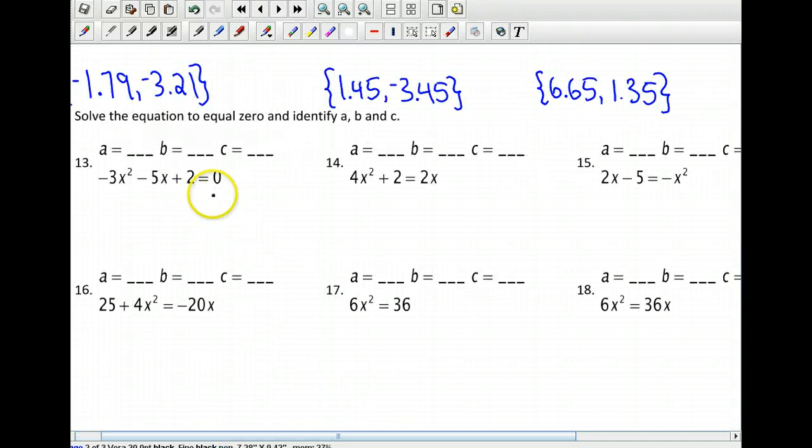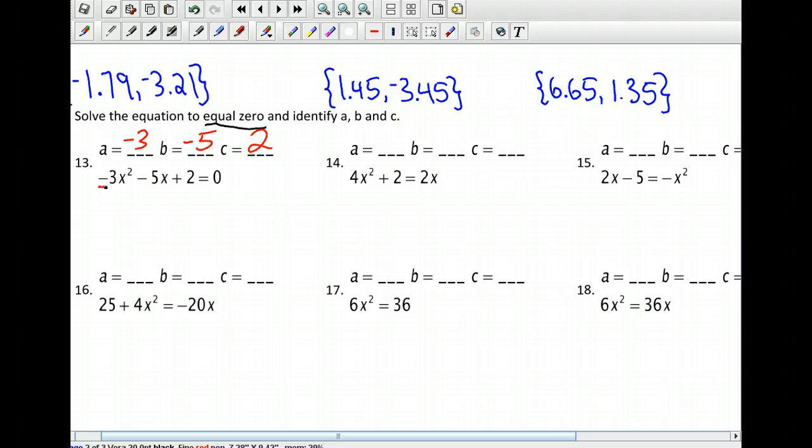So we're going to do kind of like a step 0. The directions say solve the equation equal to 0, and then identify A, B, and C. So it has to be equal to 0. On number 13, you can see it's already equal to 0.